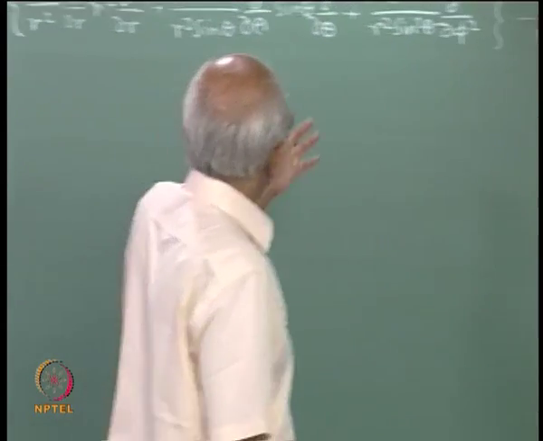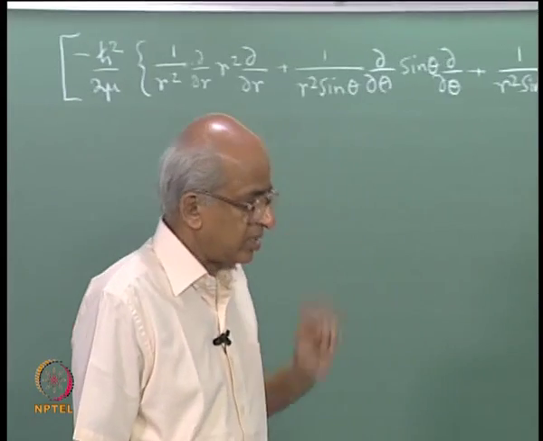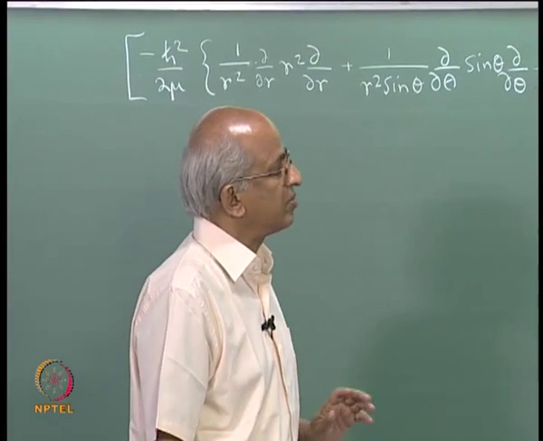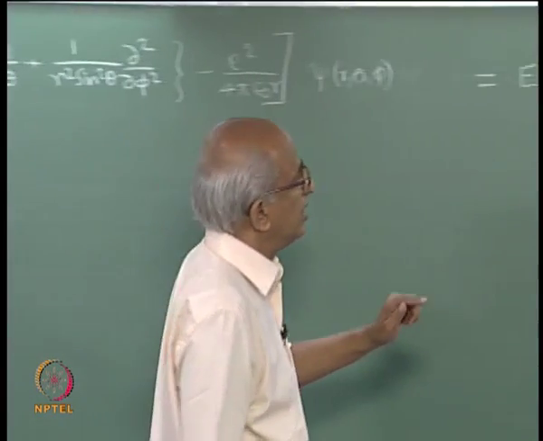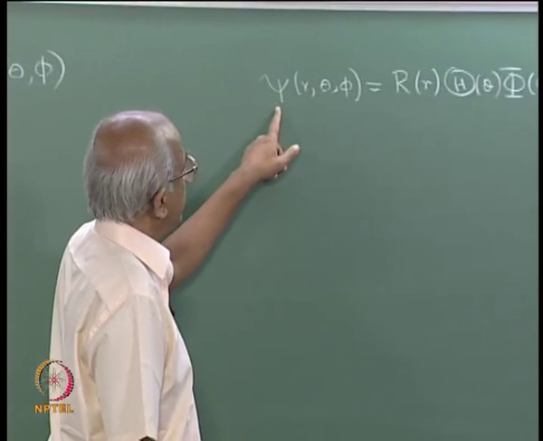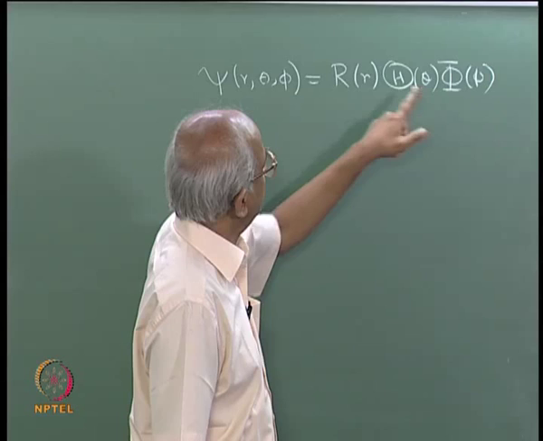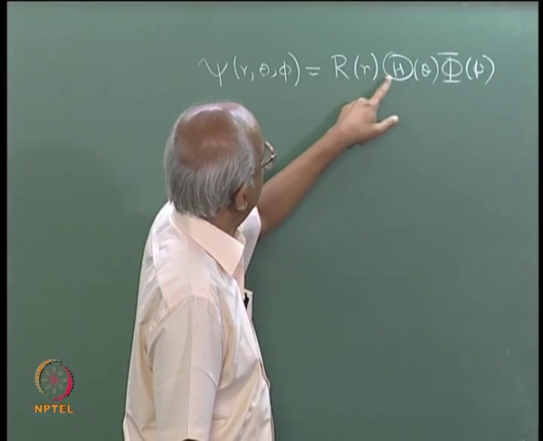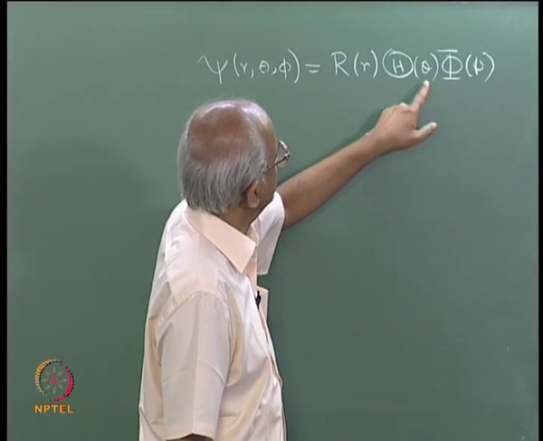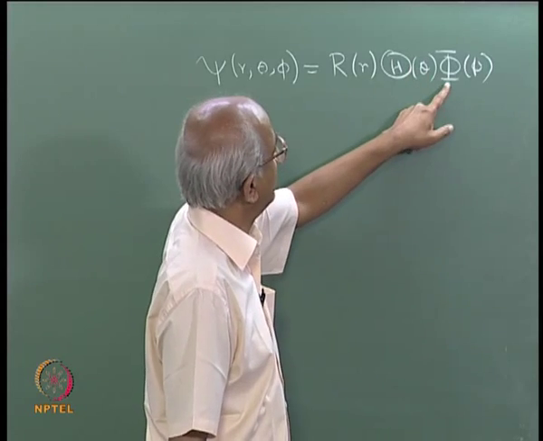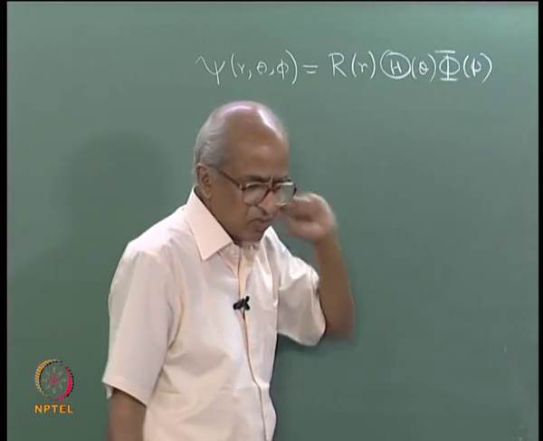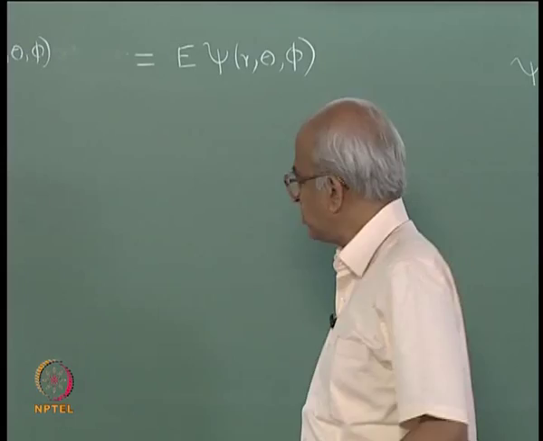This is our Schrodinger equation, and we are trying to solve it using the method of separation of variables, where we assume that psi may be written as a product of three functions, capital R, capital theta and capital phi, capital R depending only upon small r, capital theta depending only upon small theta, and capital phi depending only upon small phi.